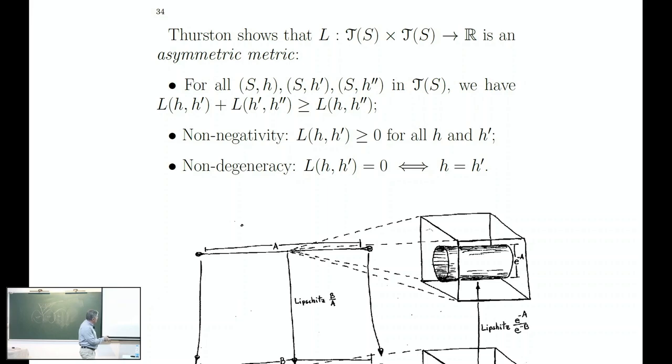The non-degeneracy also: if the distance between two points is 0, then the points must be the same. And here is the triangle inequality. What is missing is just that the distance between h and h prime is equal to the distance between h prime and h.